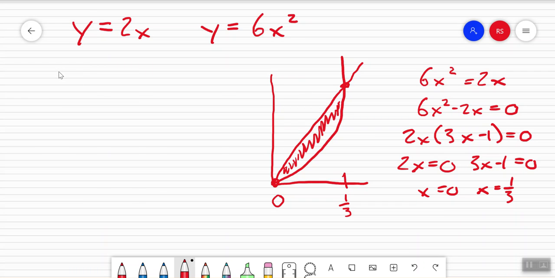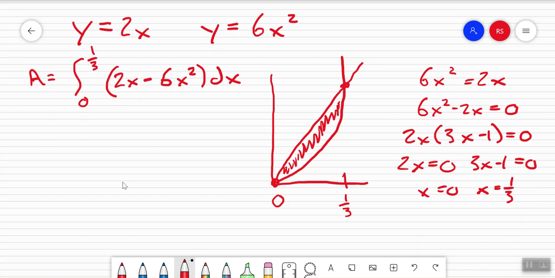So when we set up our integration problem, the area is going to be the integral from 0 to 1/3. That's the area that we're integrating over. And we want the linear curve to be the top function, my f of x, minus my g of x, which would be the 6x squared. And so this is our integration problem.